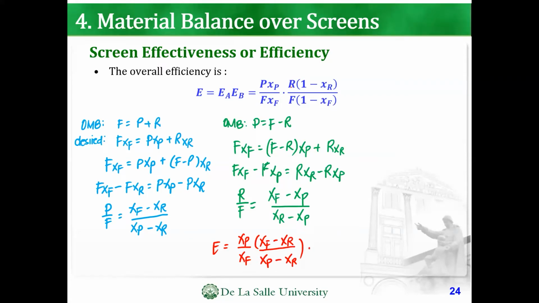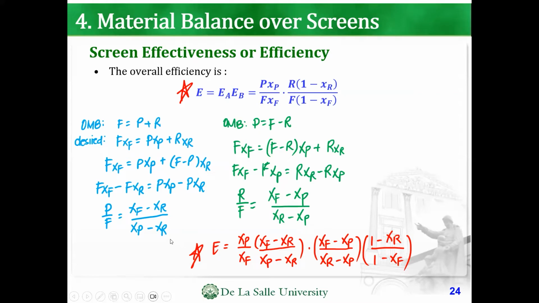And then R over F is XF minus XP all over XR minus XP, multiplied by 1 minus XR over 1 minus XF. So this one can also be equivalent to that one. Is it clear, guys? Using the overall material balances?